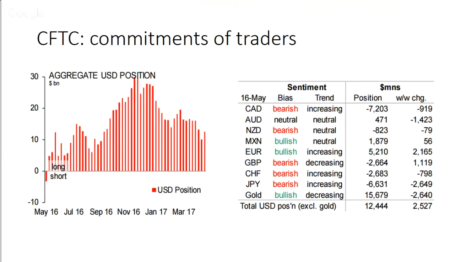In the case of the Canadian dollar, we can see that even then this net short position remained at the record highs, the weekly change was to the side of an increase in this net short position, and we got a new record high.